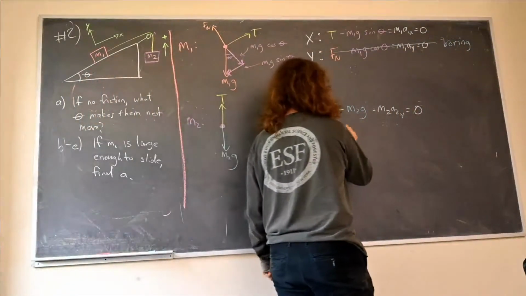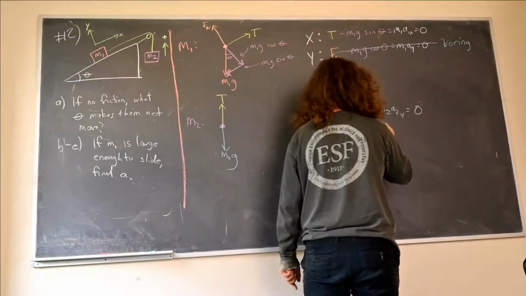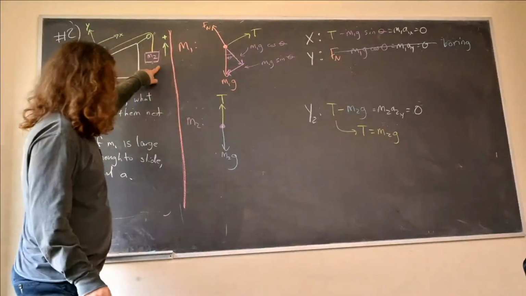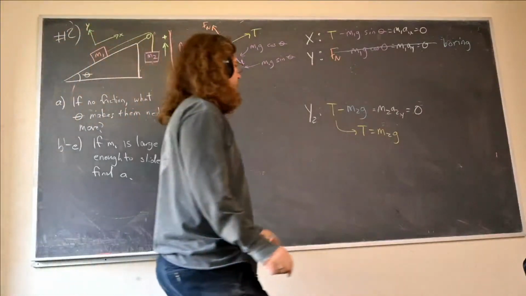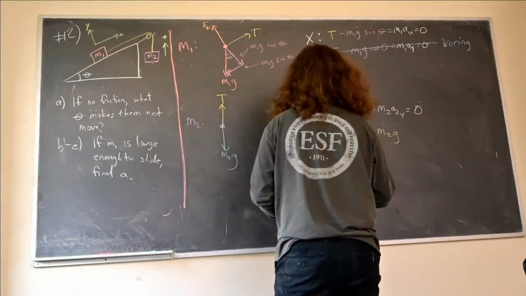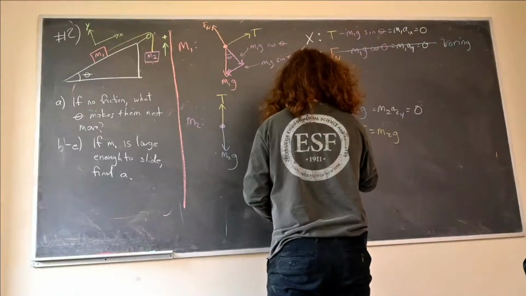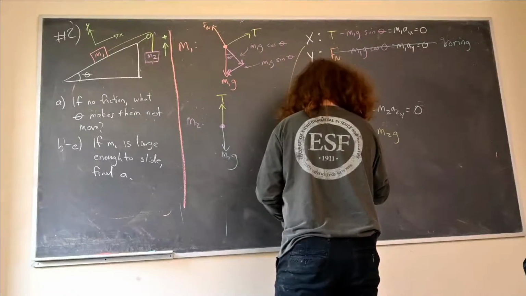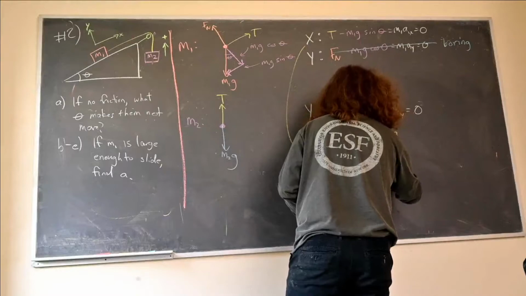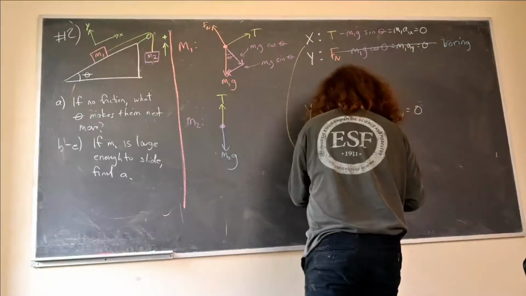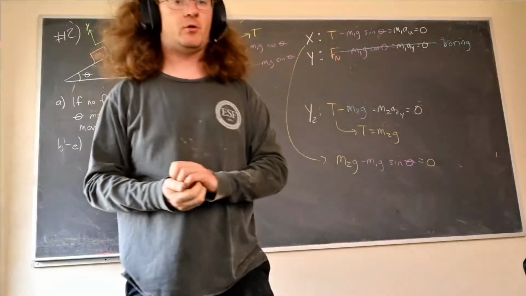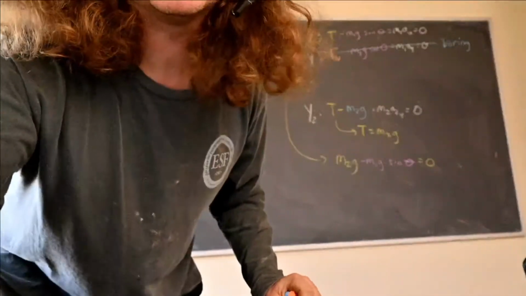But here, I can solve this, which just tells me that T is m2g. That makes sense. If this thing is just hanging here, then the tension in the rope must be equal to its weight. Substitute that in. So pull this down here. I get m2g minus m1g sine theta equals 0.